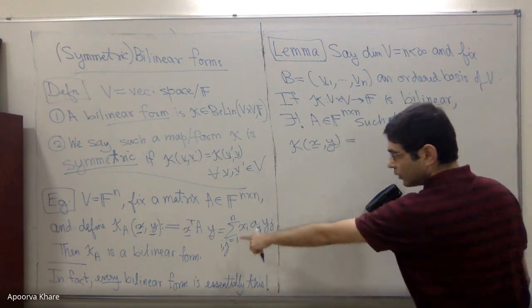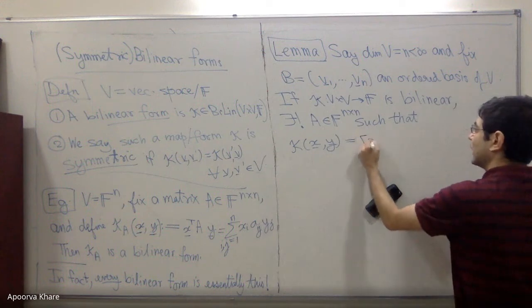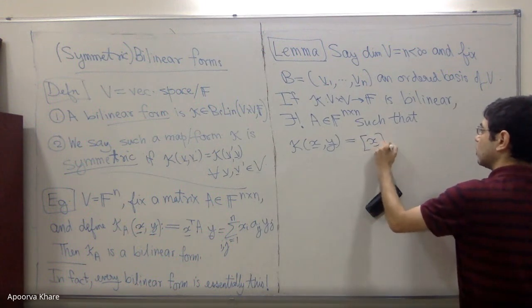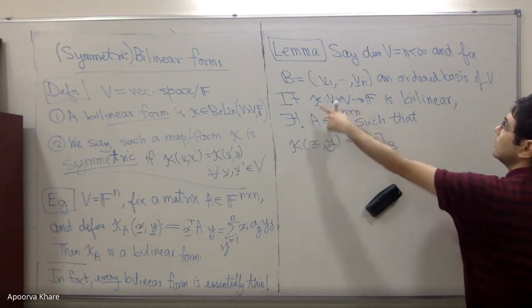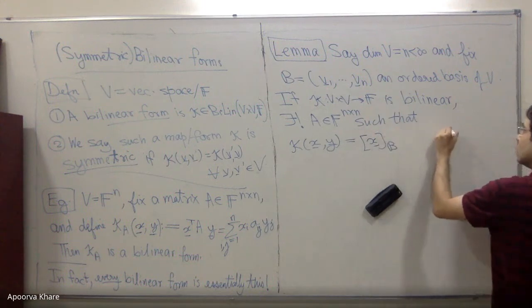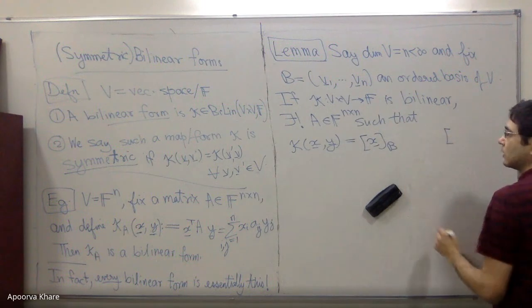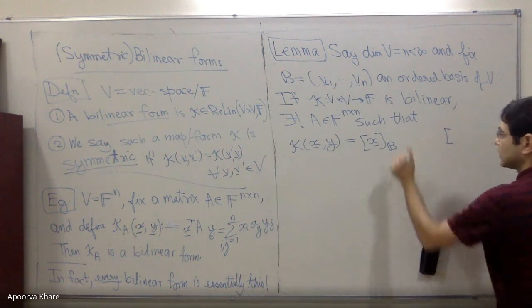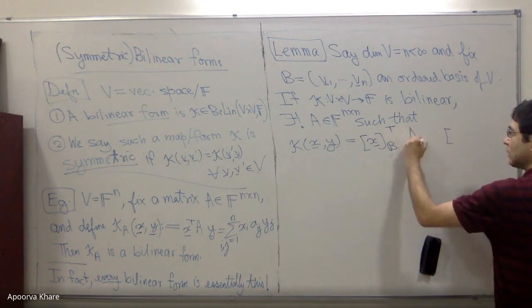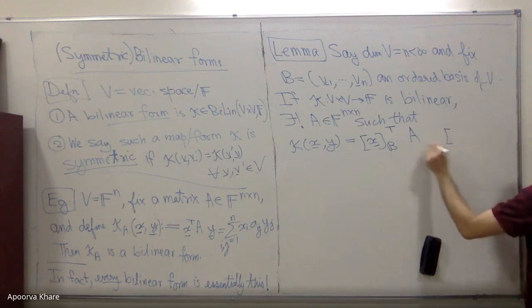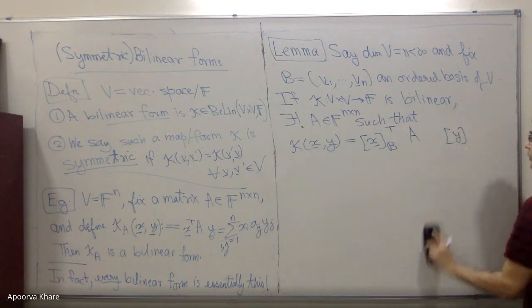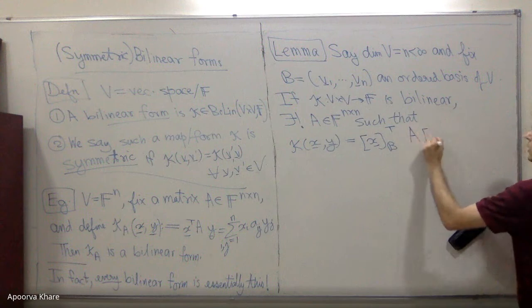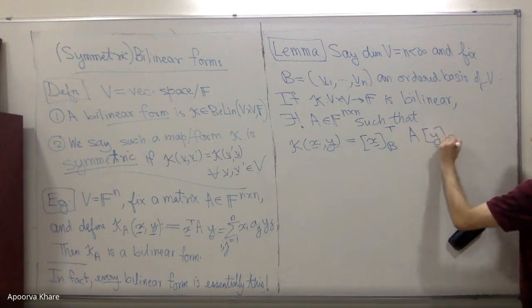On the other side, you can do something like this. Write down x in the coordinates of b, write down y in coordinates of b, and then take a transpose, multiply by A, and write down y in the coordinates of B. But what is it?